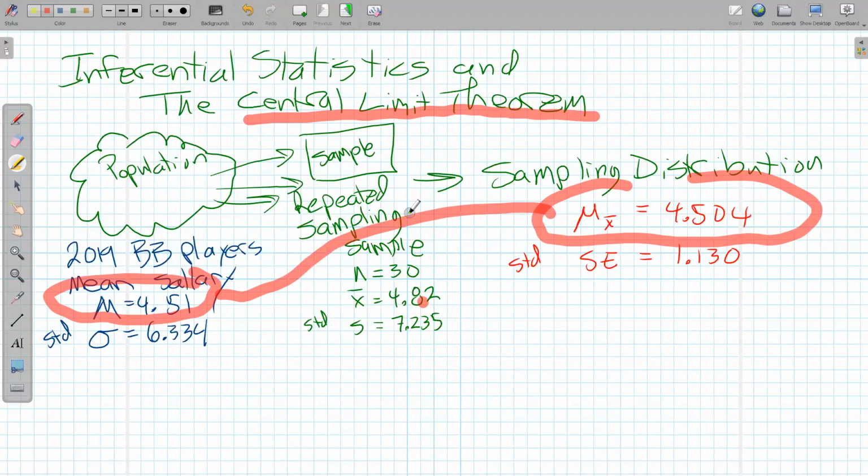Okay. Next important thing about the central limit theorem is this idea about the standard deviation of the sampling distribution, which is called the standard error, SE for short.